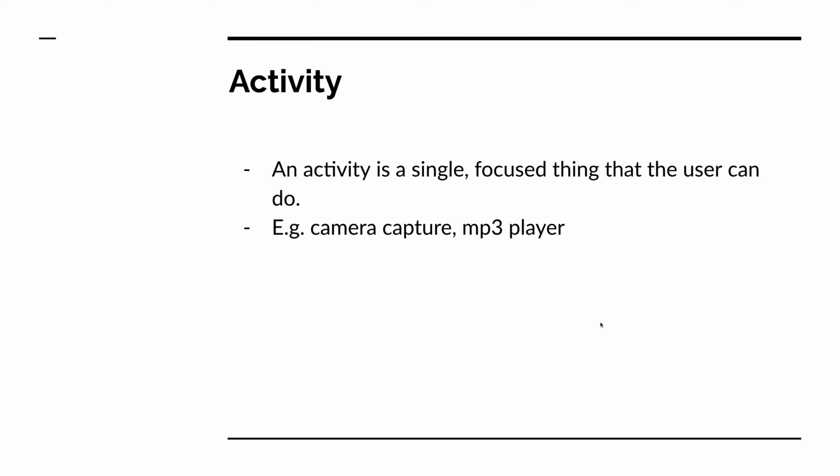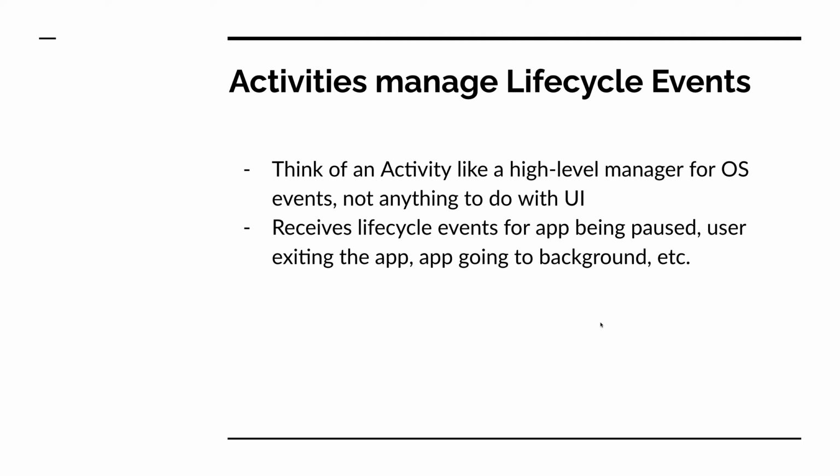So an activity essentially is the manager for lifecycle events. It doesn't actually render UI, but you can think of it as that high-level manager for the OS events, and it's going to receive all those events that happen periodically through an app running either in the foreground or different system events that cause it to exit or go into suspension.